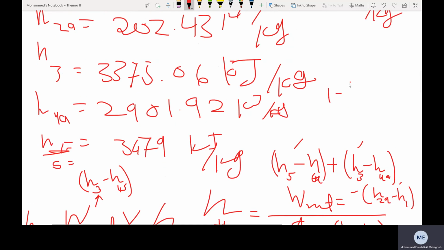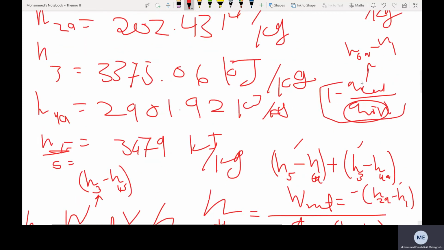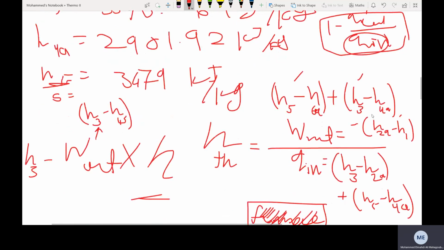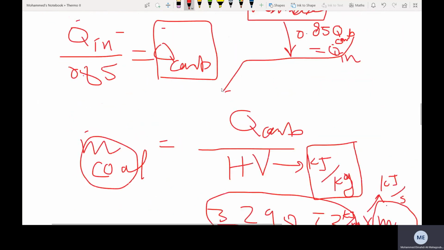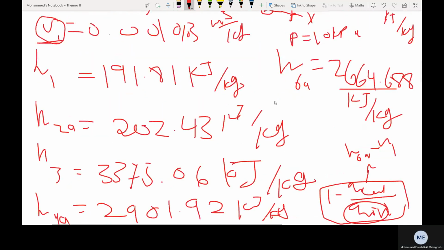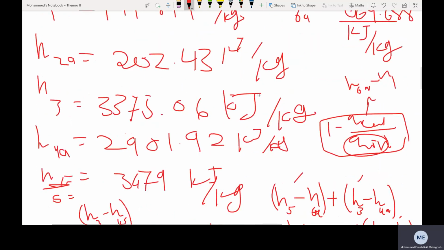Or if you use 1 minus Q out over Qn, you have only 1 Q out, which is H6 actual minus H1, and you have 2 Qns, which are those. This equation is usually easier, but sometimes you may want to use the other one. I've memorized it, so let us apply it directly in my calculator just to make sure that the answer is correct.